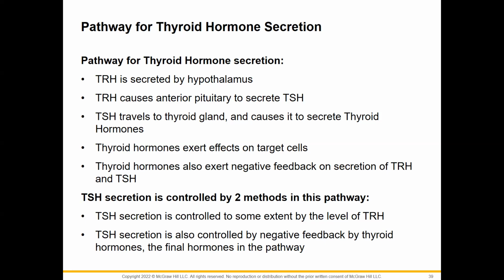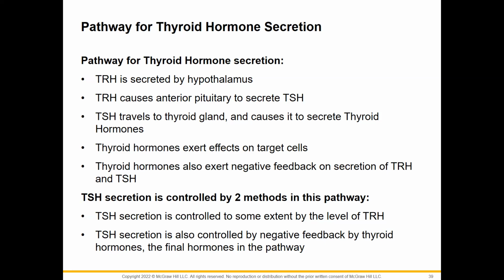So that portal vein between the two, even though it's very short, is very important to the overall functioning of this particular endocrine gland. So TRH is released from the hypothalamus, and then it affects the anterior pituitary.